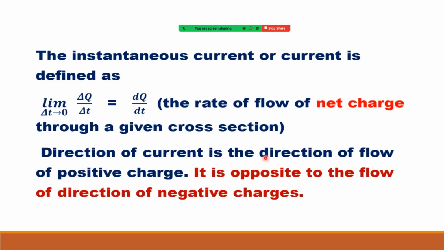Next, the instantaneous current, or simply current, is defined as limit delta t tends to 0 of delta Q by delta t, which is equal to dq by dt, the rate of flow of net charge through a given cross section. Direction of current is the direction of flow of positive charge, or you can say it is opposite to the direction of flow of negative charges.